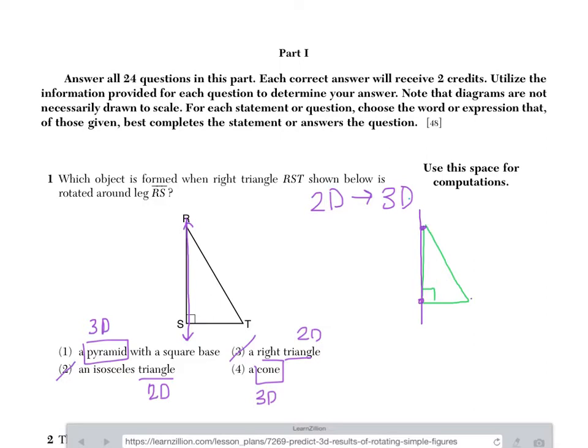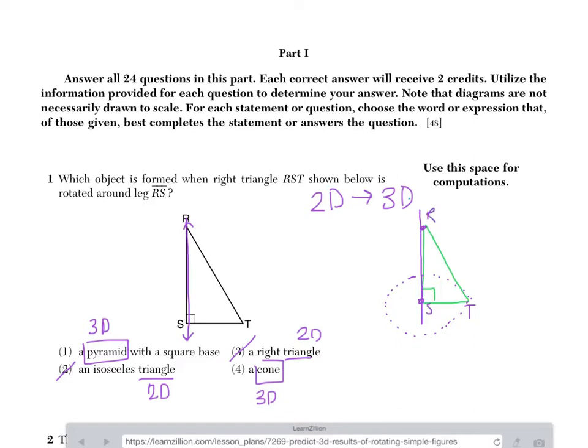But any point outside of the line, like point T out here, is going to actually rotate around this line segment. And I have to make a full circle here because I'm rotating 360 degrees, rotating continuously around segment RS.